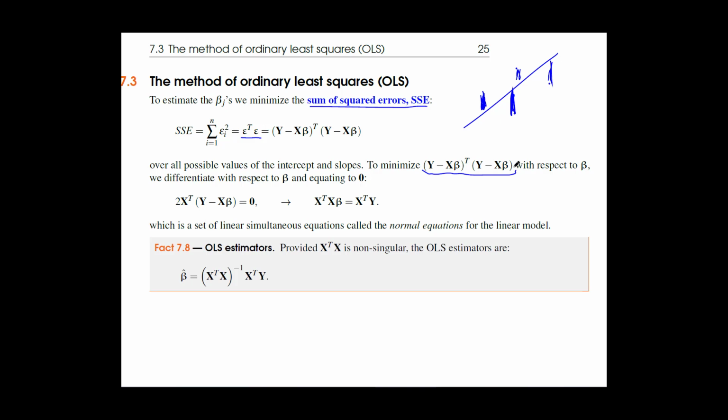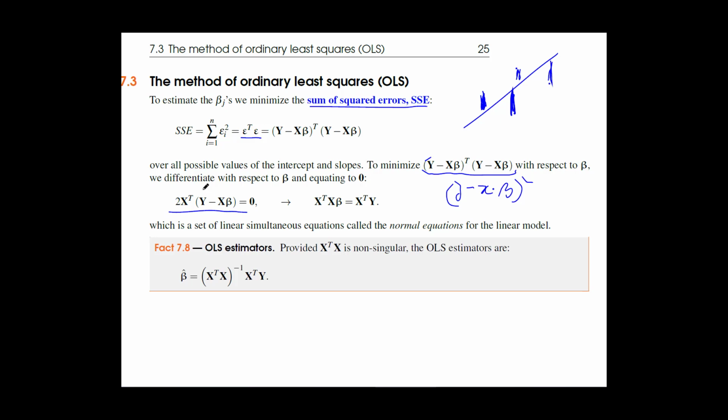What we do is take derivatives and make it equal to 0. So the derivative of this is this. And it makes a lot of sense because this term in scalar form would be like y minus x times beta, squared. If you take derivatives with respect to beta, you get 2 times the parentheses times x.